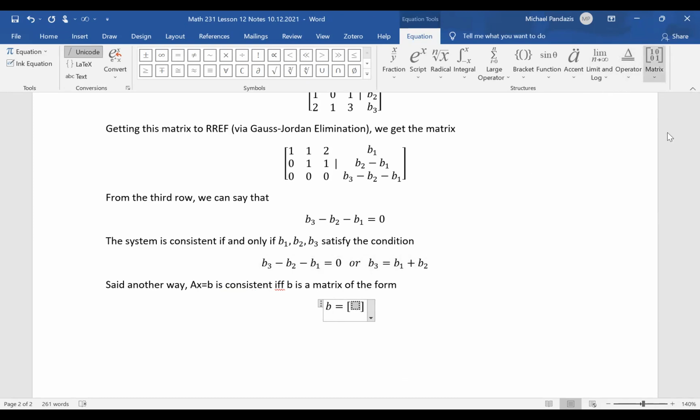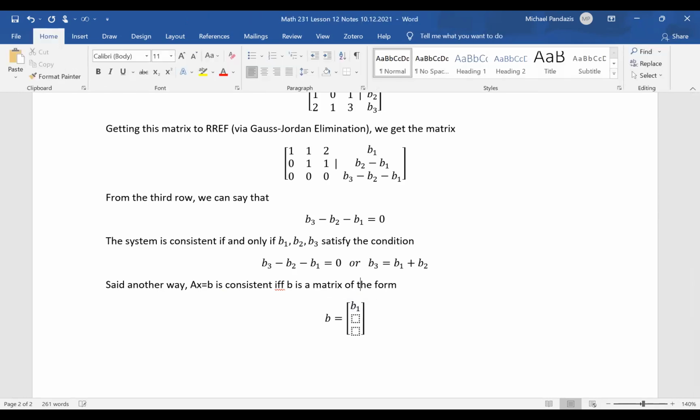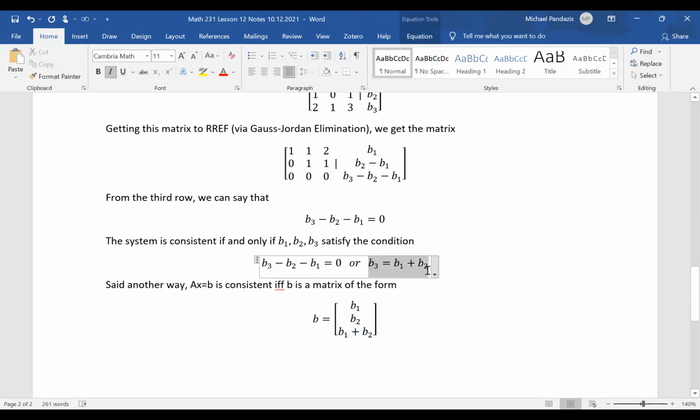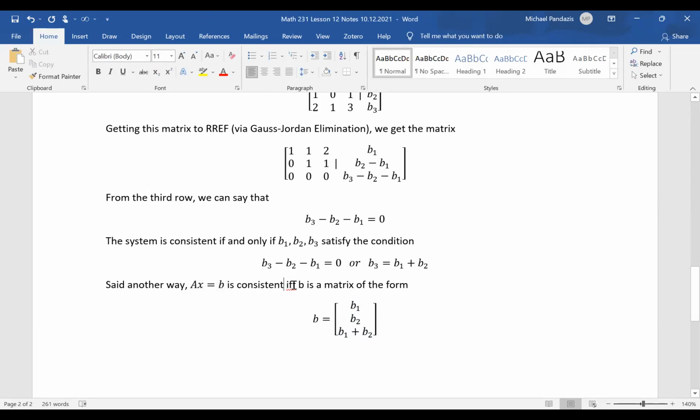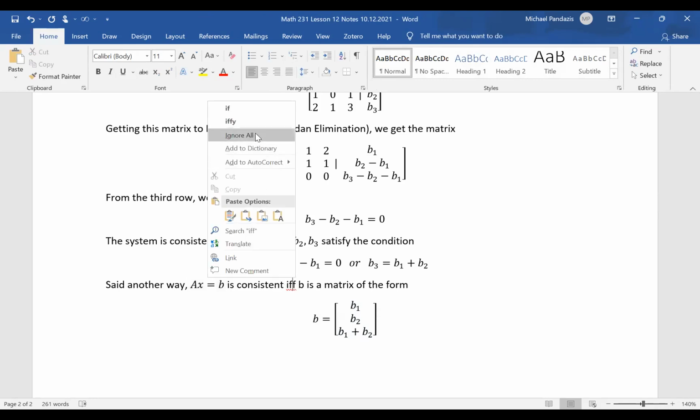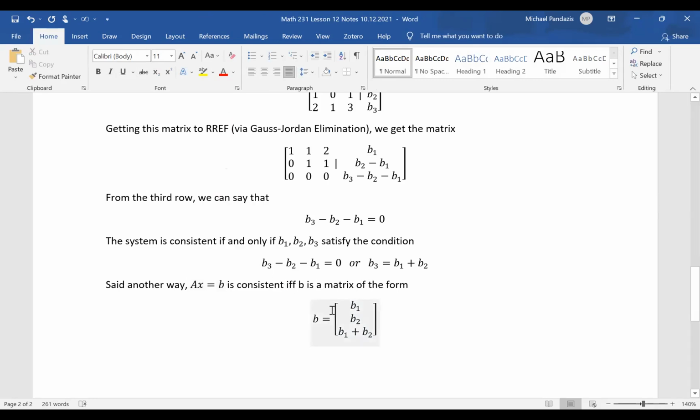So your B matrix here, where the first one's B1, the second one's B2, and that one's B3. Then you could write B1 plus B2 because that's B3. B3 has to equal B1 plus B2. So AX equals B is consistent if and only if little b is a matrix of this form.